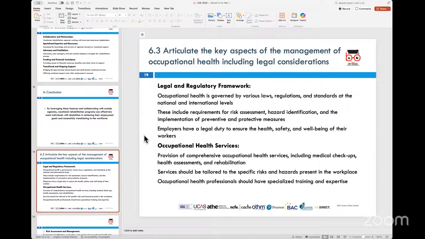In this particular assessment criteria, we are going to be looking at specifically covering what are called legal considerations and the frameworks which are required to be followed to ensure that if any sort of incident or any sort of health and safety hazard does occur within the organization and its premises, then what is it that the government tends to do in terms of legal considerations with the aspect of maintaining health and safety.